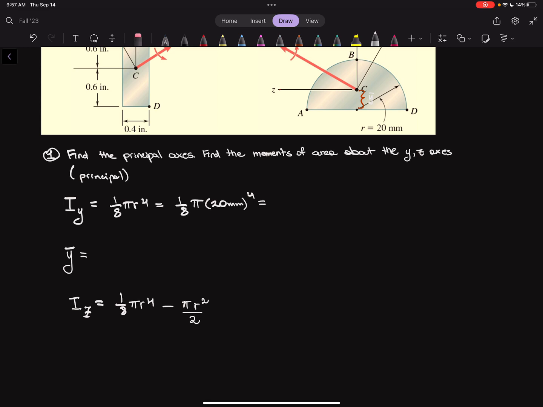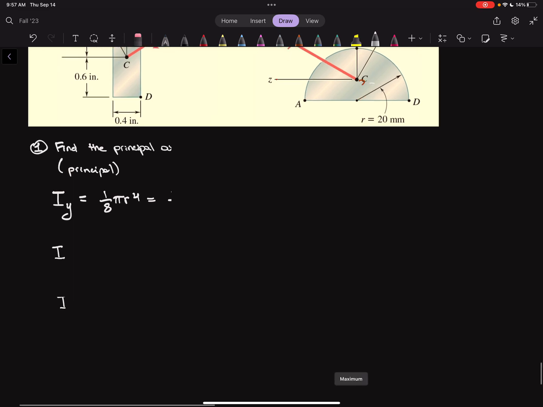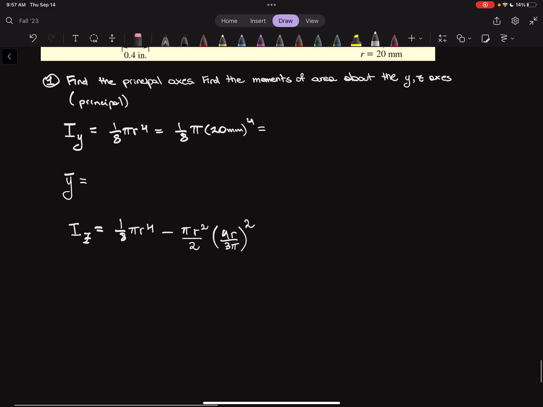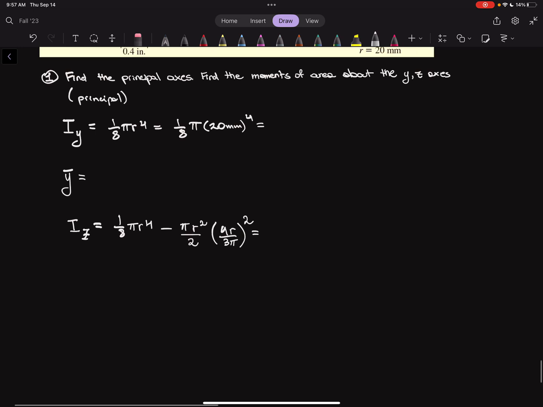We see that the formula, in the second row of the second column, is 4r over 3 pi. So 4r over 3 pi is what we will have to shift it by, and that's the distance, and it has to be squared.